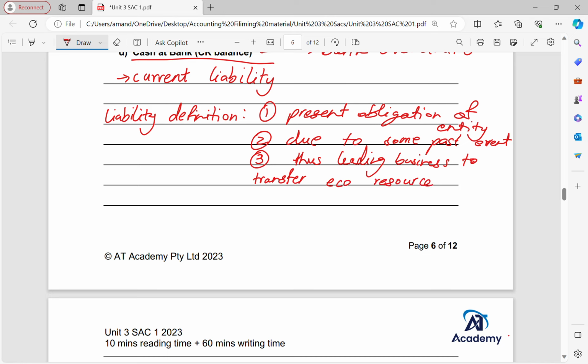economic resource, I'm just going to be lazy, within 12 months to settle debt.